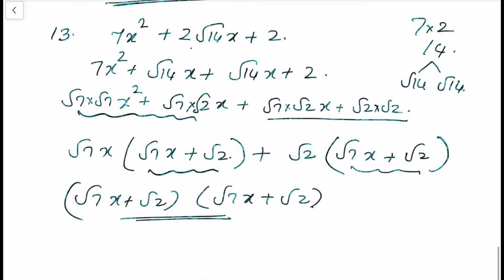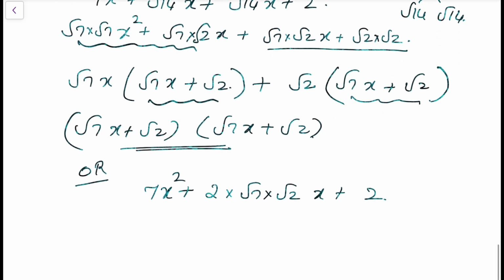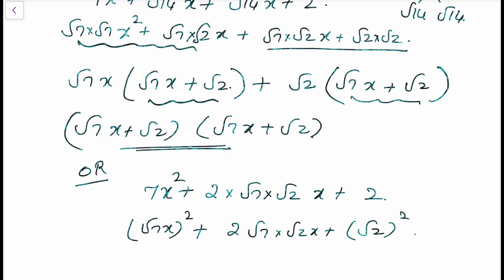This is one method, I will teach you another method also. Now, root 14 you can write as 7x squared plus 2 into root 7 into root 2 x plus 2. Now, this again you can write as root 7x the whole squared plus 2 into root 7 into root 2 x plus root 2 the whole squared.